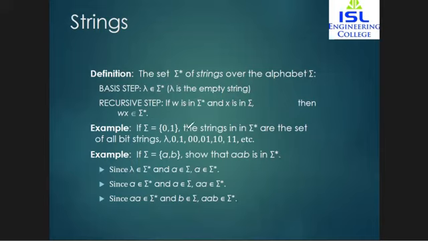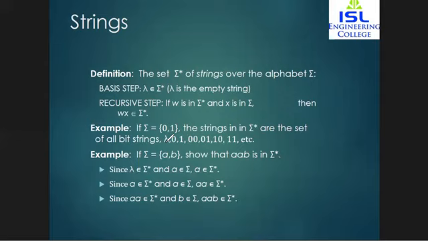What does it mean? Suppose we take the set of alphabet 0, 1, and sigma star is the set of all bit strings. So bit strings means it will be either 0 or 1, and the empty string is included in sigma star. So the empty string, then each of them individually, then we consider the bit strings 00, 10, and this will keep on continuing.